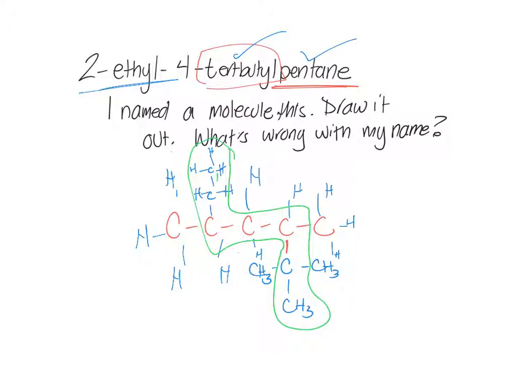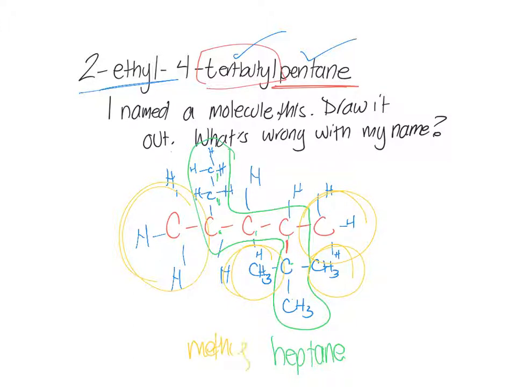So 1, 2, 3, 4, 5, 6, 7 long. So 7 long, so it should be called actually heptane instead. And that means that these things, this one, this one, this one, and this one, are actually methyl groups. So it should be methyl. Because we have 4 of the methyl groups, it should be tetra.